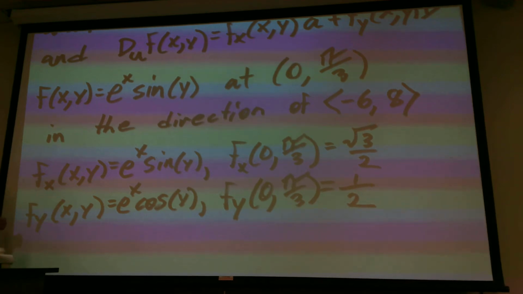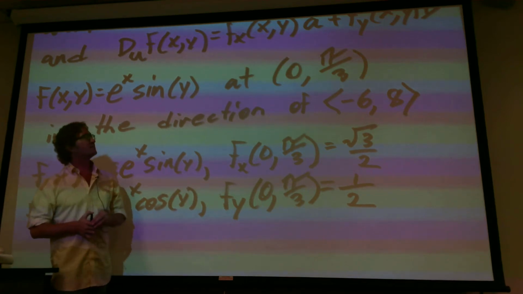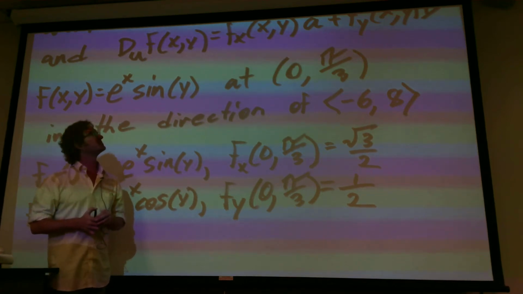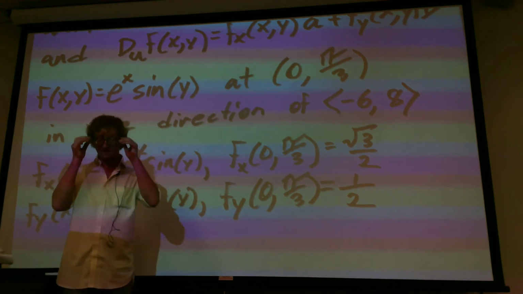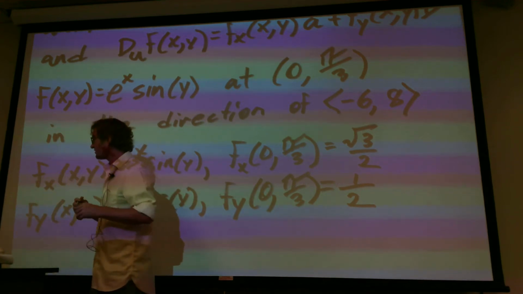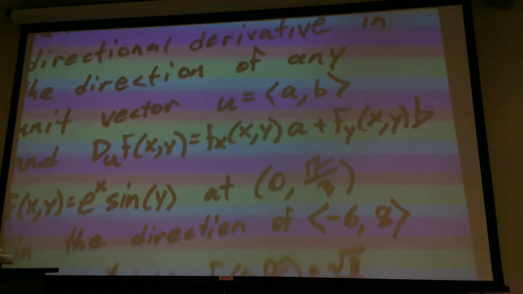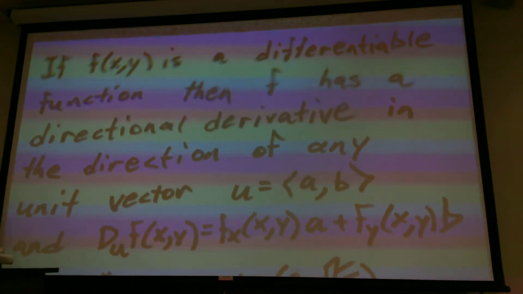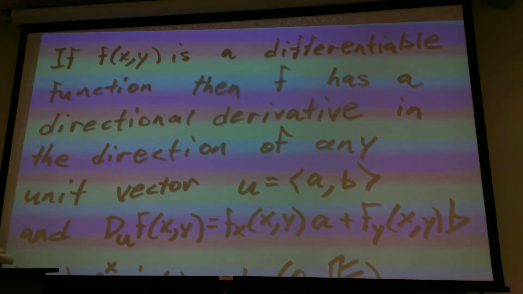Now we have to consider that we want it in the direction of ⟨-6, 8⟩. But if we look at our definition, it says, okay, if f is differentiable, we have a directional derivative in the direction of any unit vector u which equals ⟨a, b⟩.